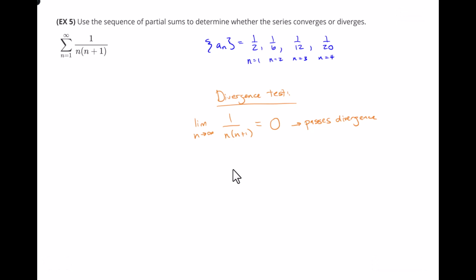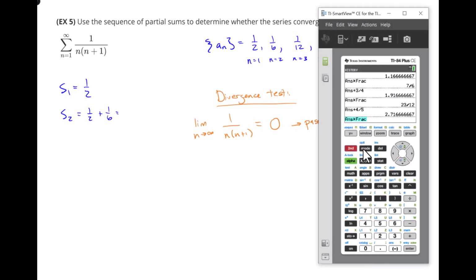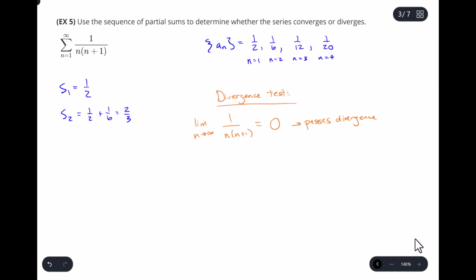All right, the individual partial sums here. So the first one term, that sum is 1/2. The first two terms, we're doing 1/2 plus 1/6, and I'll just do it in the calculator. So 1/2 plus 1/6 gives me 2/3. All right, S sub 3.